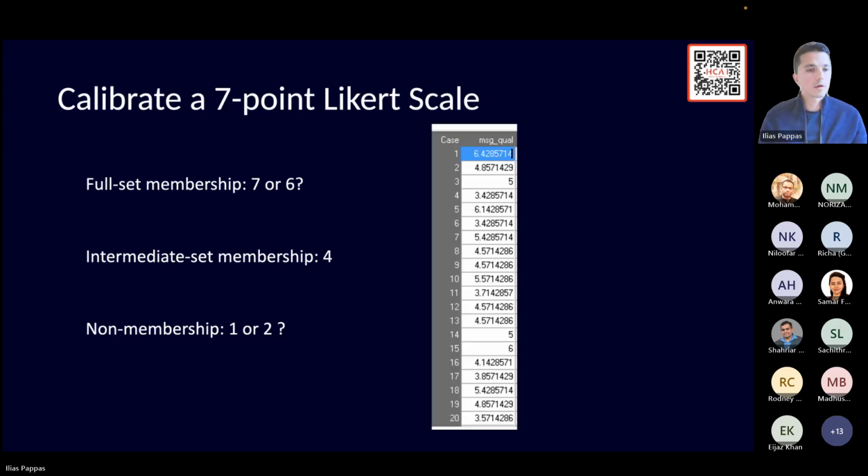Let's look at an example here. This is from our study, where we were measuring message quality. Message quality was measured on a 7-point Likert scale, and what I'm showing here is just the mean value of the items that we used to calculate message quality.